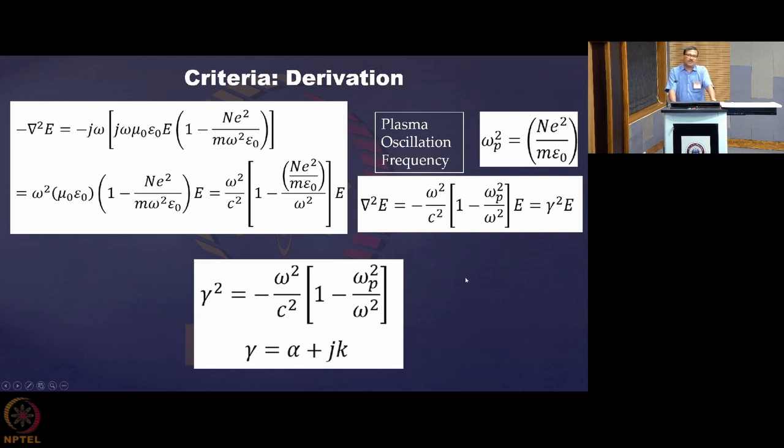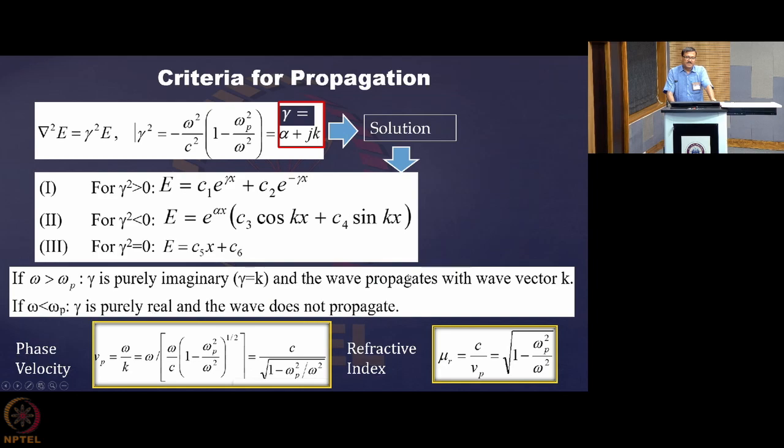So all those waves for which the frequency is greater than omega p will pass, and those whose frequency is less than omega p will get attenuated. From this very simple and simplistic model, we find that plasma behaves as a refracting medium to electromagnetic waves, and whether a wave will propagate or not depends on the kind of plasma you have created.